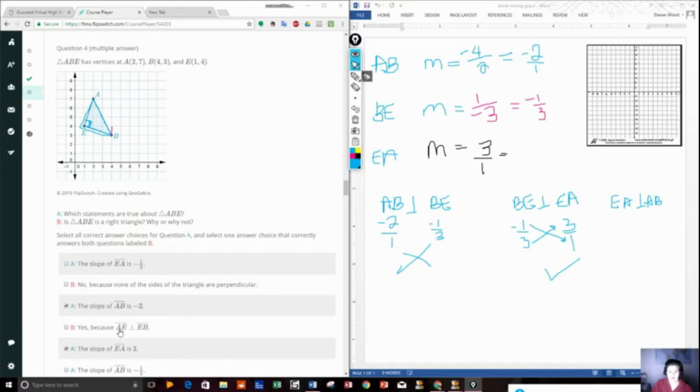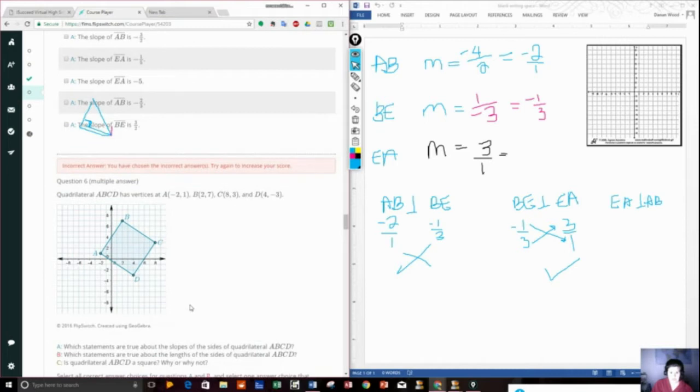Yes, oh, it's right here. Yes, because EB is perpendicular to AE. And now you might be asking, well, you wrote EA and they have AE. It's the same line segment. They just started at A and went to E, and I started at E and went to A. It's still representing the same line segment. So there we have it. And same thing with EB and BE.